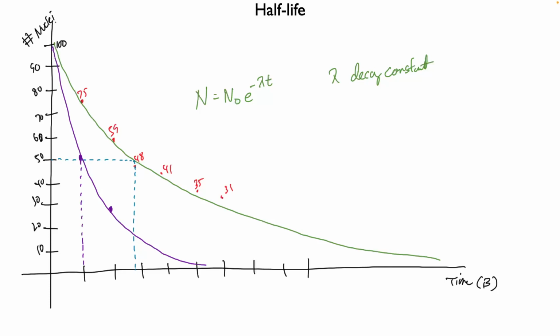Okay? So in this form, calculating half-life is not very useful. There's another way to write this equation, and it involves us doing a little bit of a change of units, where we define the rate, the activity of a sample, as the number of events or number of decays per time.